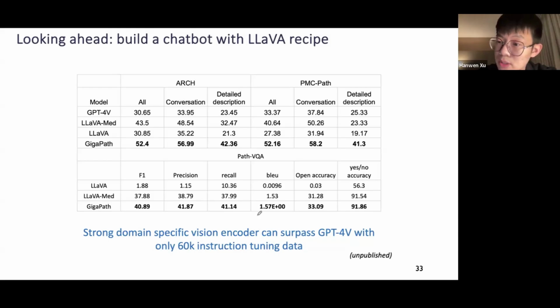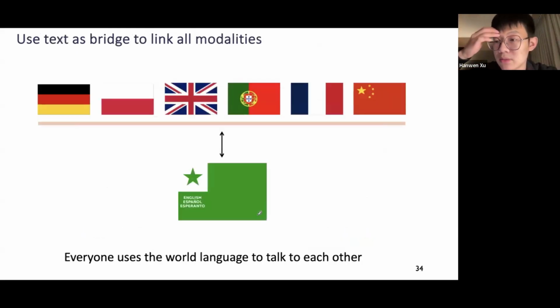I will also quickly go over another framework we developed to address the real paired modalities in the medical domain. This model is a world-translator model. The basic idea is that we use text as the bridge to link all the modalities. For example, if we think of one person traveling around the world who only knows one language, then going into other countries there will be problems due to the languages.